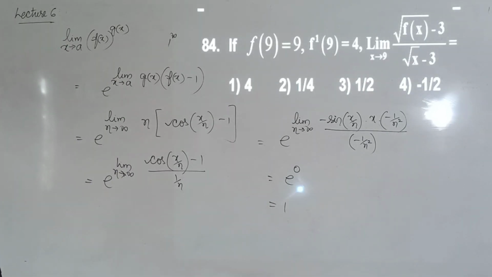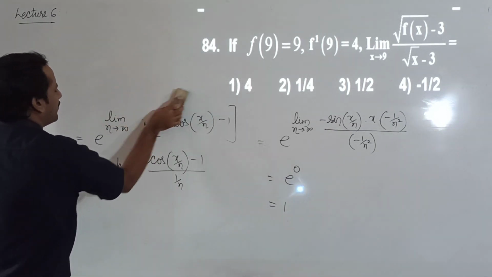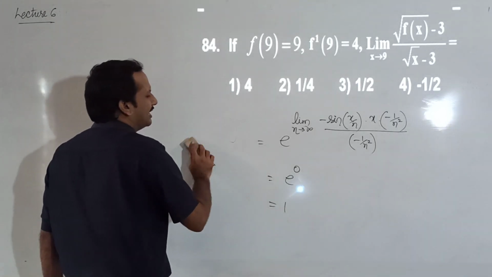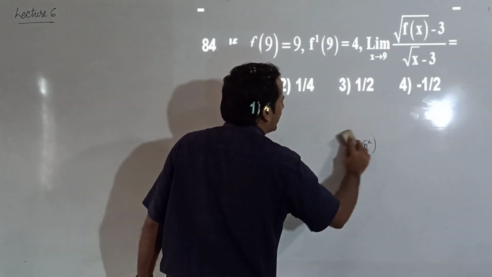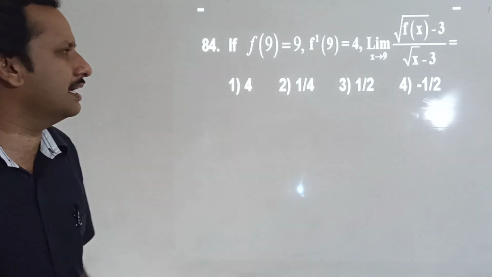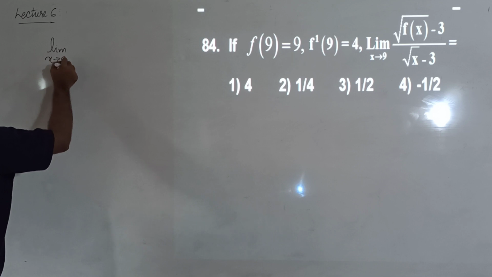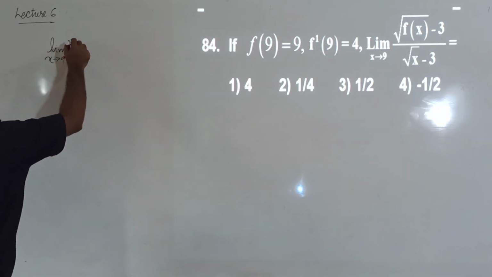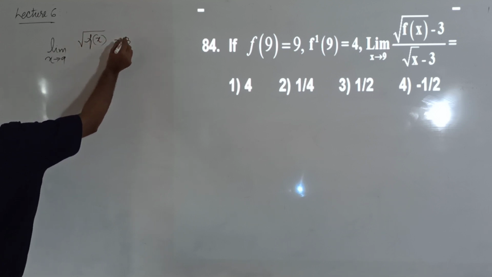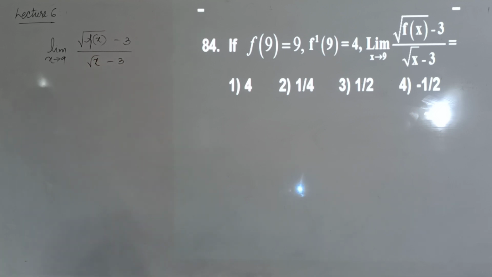Okay. 84th question. If f of 9 is equal to 9, f dash of 9 is equal to 4, then limit x tends to 9 root of f of x minus 3 divided by root x minus 3 is equal to. Limit x tends to 9 root of f of x minus 3 divided by root x minus 3.